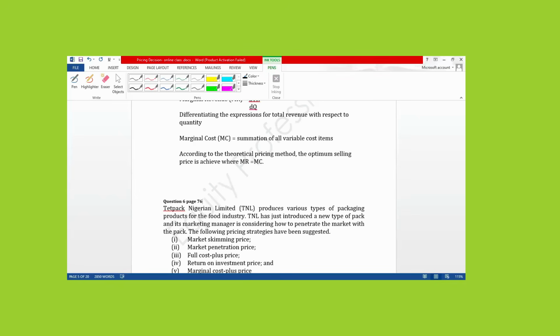Can somebody confirm we are in that question now? Open your study pack on your system. We are starting with question number 6, page 76.